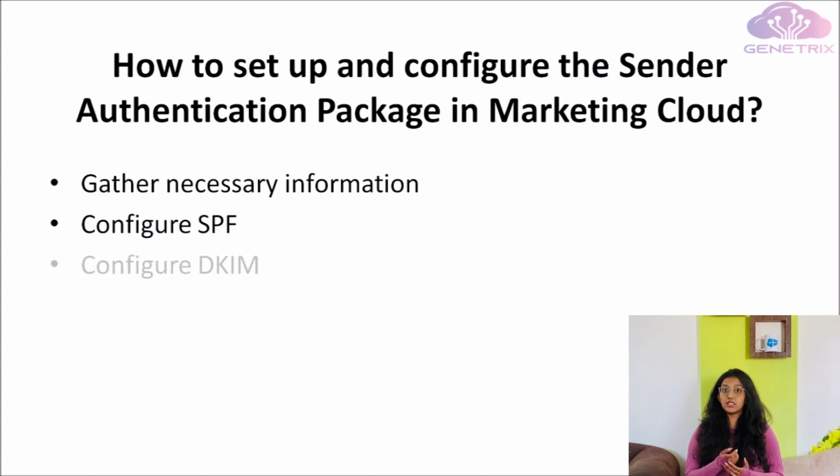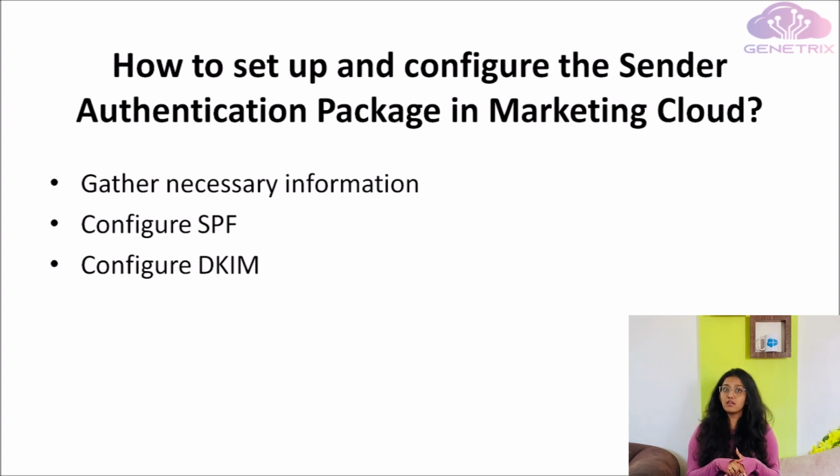Next, we configure the DKIM. In Marketing Cloud, generate a DKIM key pair for your domain. This process typically involves generating a private key within Marketing Cloud and adding a public key as the DNS TXT record. Follow the instructions provided by Marketing Cloud to complete this step.